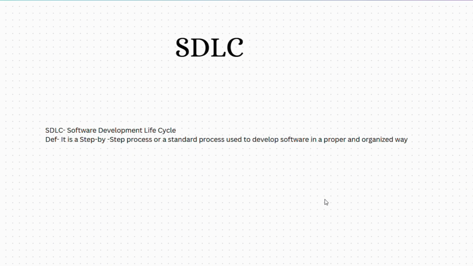For example, when a company like WhatsApp adds a new feature, they don't just start coding it randomly. They plan it, design it, develop the software, test the software, and then finally release it to the customer. So without SDLC, the project can easily go off track, become costly, or even fail completely.